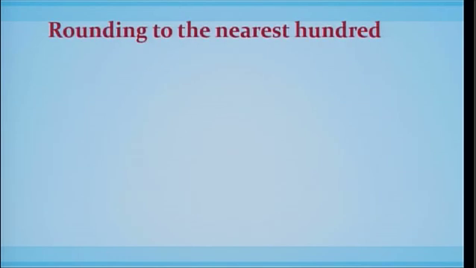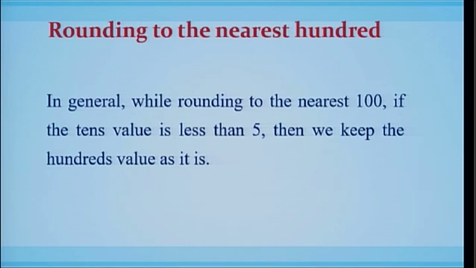Now students, we're going to round numbers to the nearest 100. We are not going to use a number line, we are going directly to see a rule to write numbers to the nearest 100. So while rounding to the nearest 100, if the tens value is less than 5, we are going to keep the hundreds value as it is.